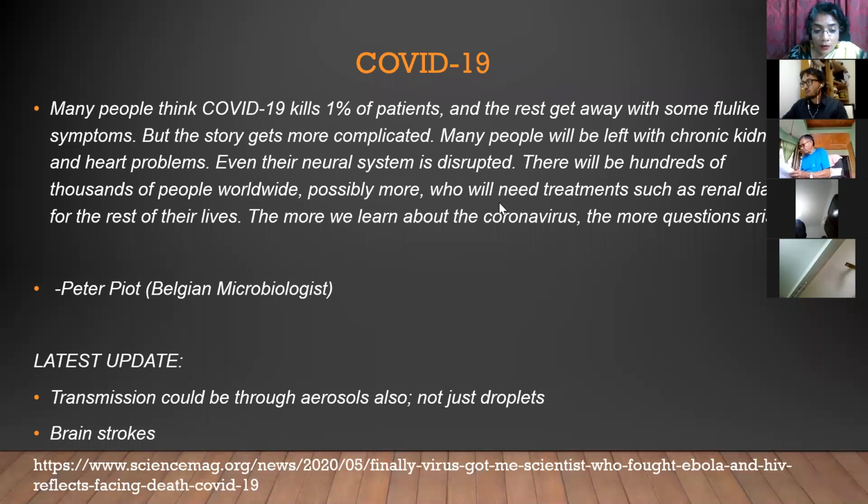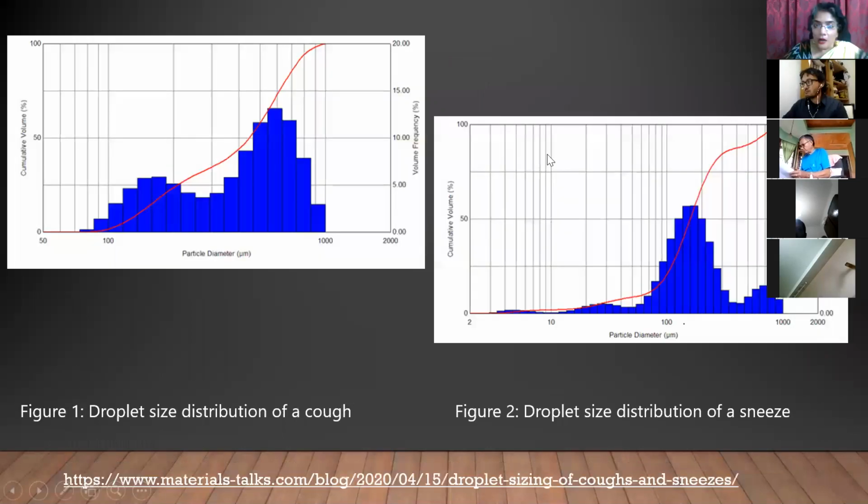So in the next few slides, I'm going to quickly show you some recent research on the droplets and the aerosols. The references for each of these slides are on the bottom, so you can have a look at it. This one is a study which was done to find out the distribution of the particle size when somebody sneezes or coughs. So what happens when you cough or when you sneeze?